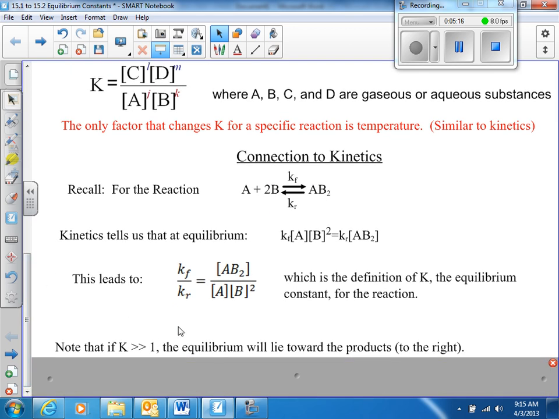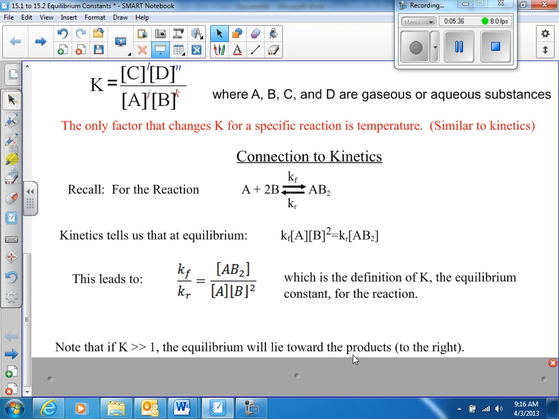All right, now because of the definition of K, remember K is products over reactants. If K is really big, that means products over reactants is really big, which means products are really big compared to reactants, which would mean the right side, the products, are much larger than the reactants.